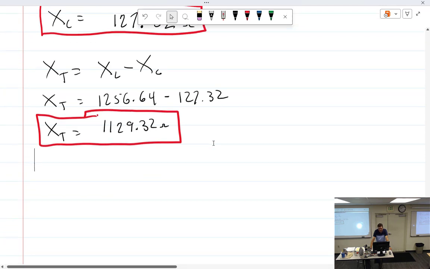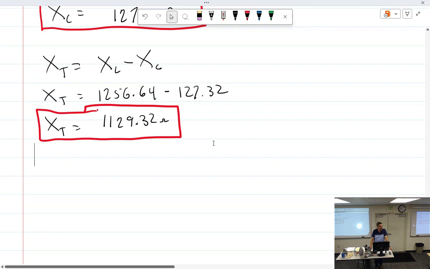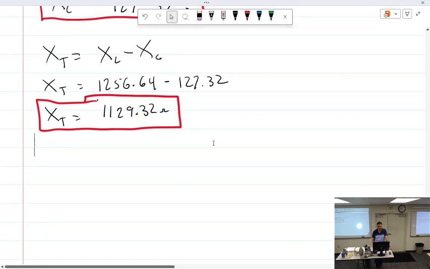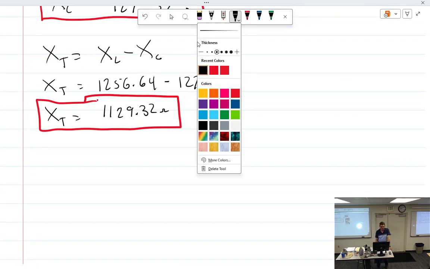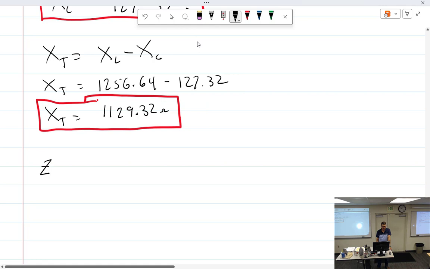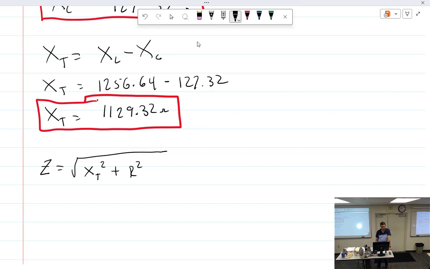What is next? Everybody got X total? Solve for Z. Z equals the square root of XT squared plus R squared.